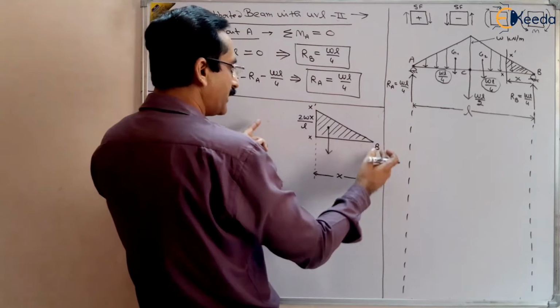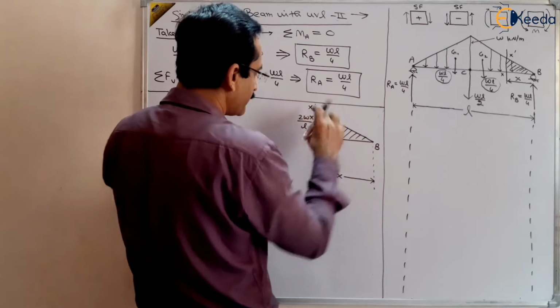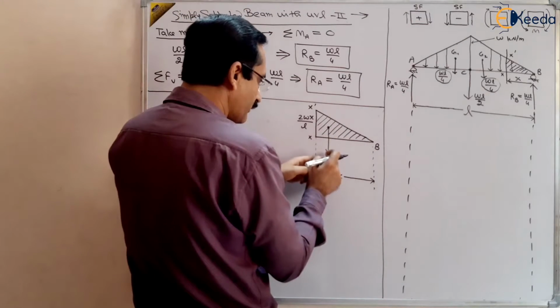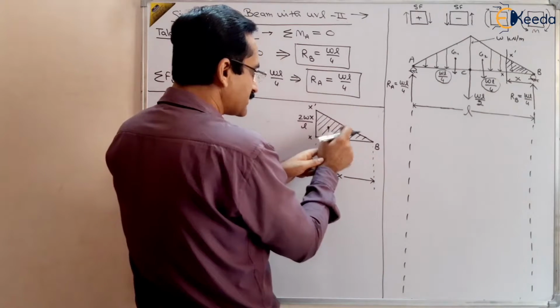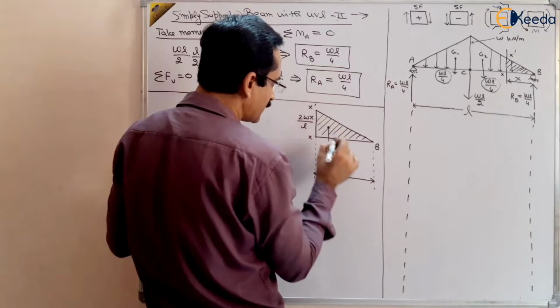In a length of L by 2, the total load is W. At a distance of x, what will the load be? This distance is x, and the downward force will be equal to the area of this triangle, half multiplied by base multiplied by height.